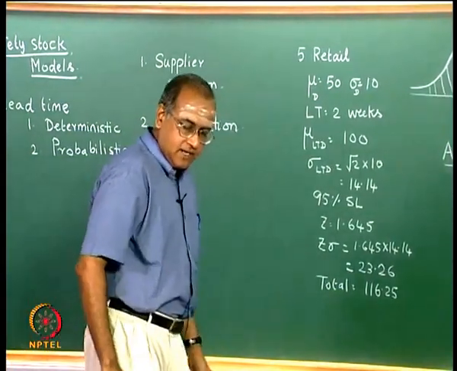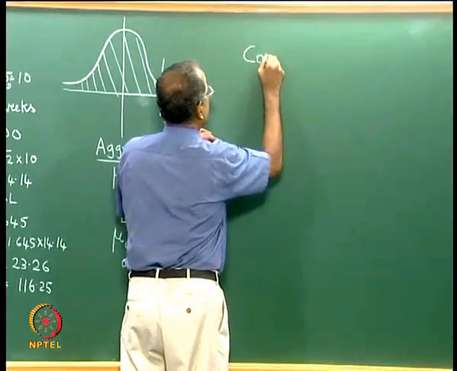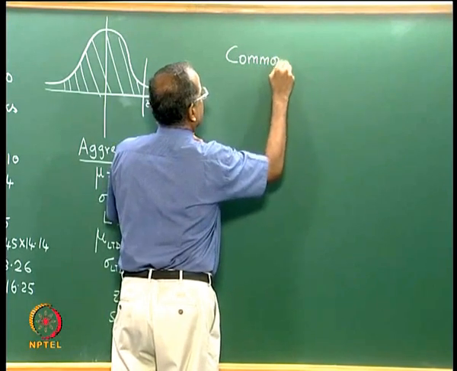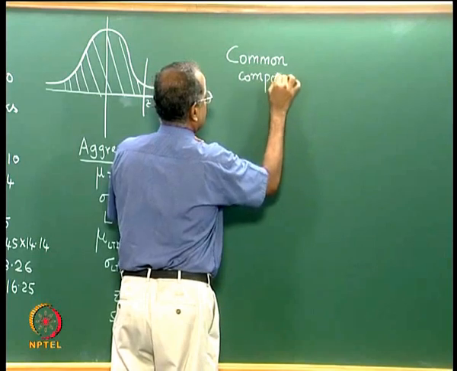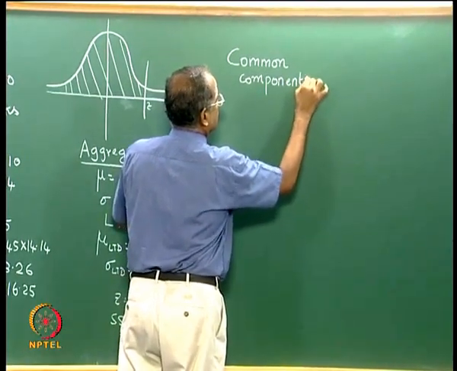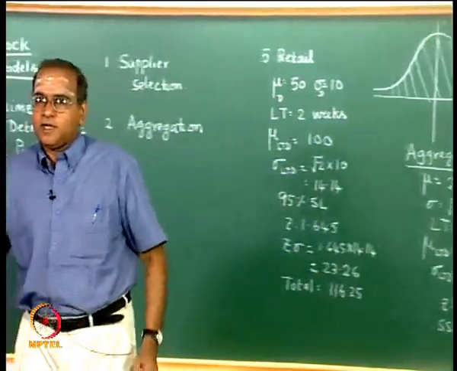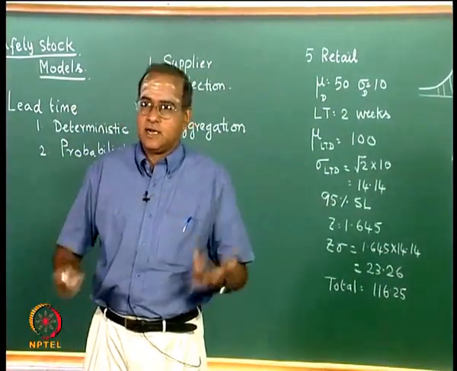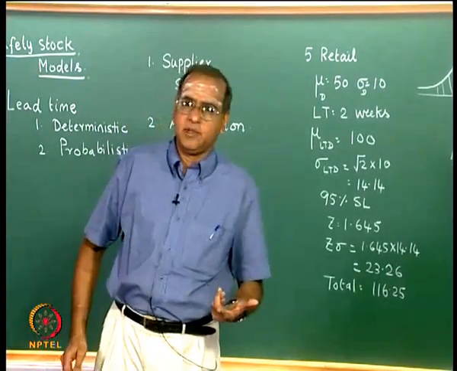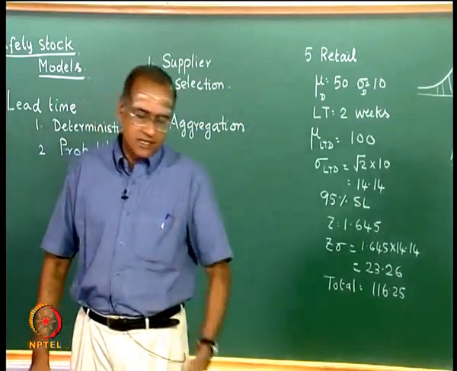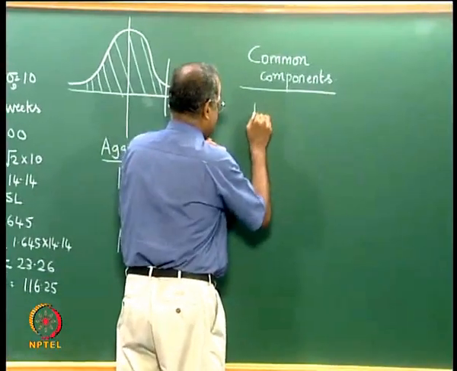The second aspect that happens is called component commonality. Common components. Now, suppose we look at the manufacture of an electronic item, say it could be a computer or an assembly, largely assembly dominated, but manufacture of an electronic item, and let us assume that about 10 components that we are considering.